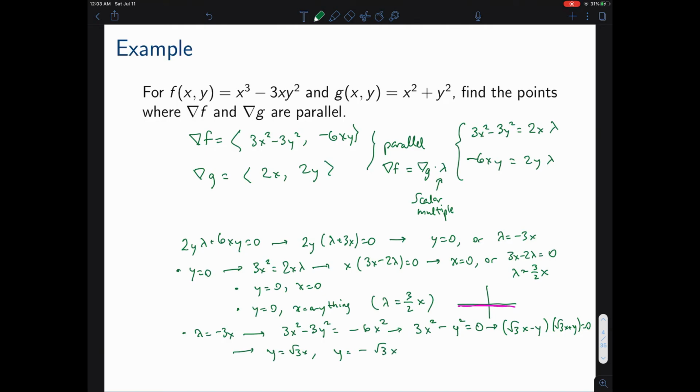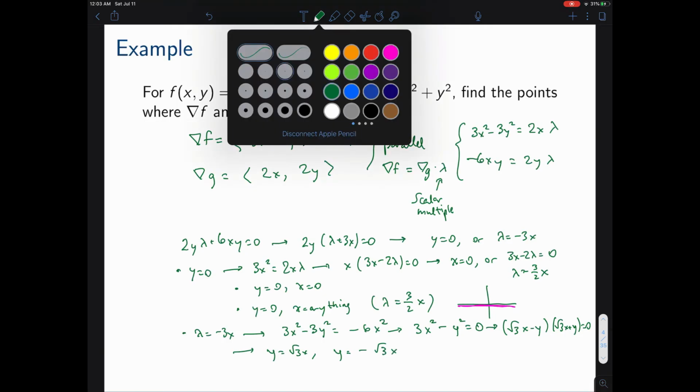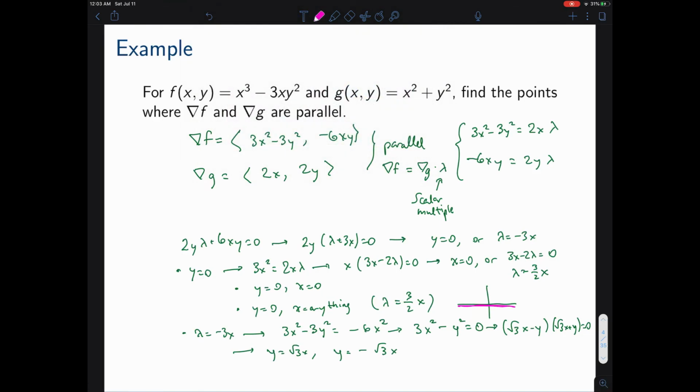So we get two more lines. We get a line with slope square root 3, and we get a line with slope minus square root 3, y equals minus square root 3 x.